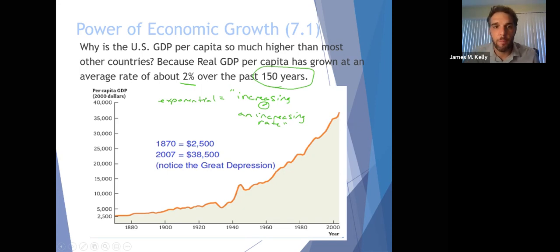And when you compare real GDP per capita in constant 2000 dollars, we see that 140 years later, US citizens are 15 times as wealthy. They have 15 times as much stuff. The average American citizen has 15 times more stuff. Now, that doesn't take into account income inequality, but it gives us a rough estimate of how the average person is doing over time. And they're significantly better off in 2007 in the US compared to 1870 because of this compounding economic growth.